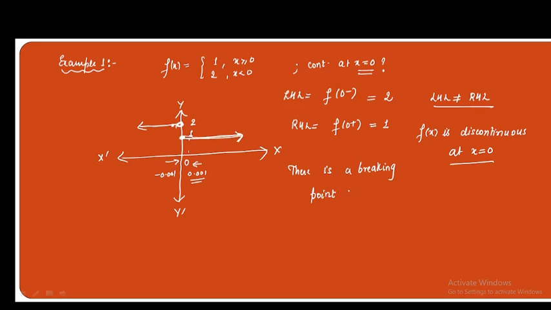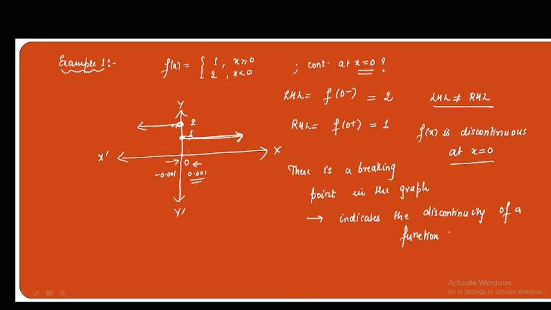So there is a breaking point in the graph which indicates the discontinuity of a function, that the function is not continuous. And what is the breaking point here? It is x equal to 0, because at x equal to 0 it is jumping from 2 to 1, right?